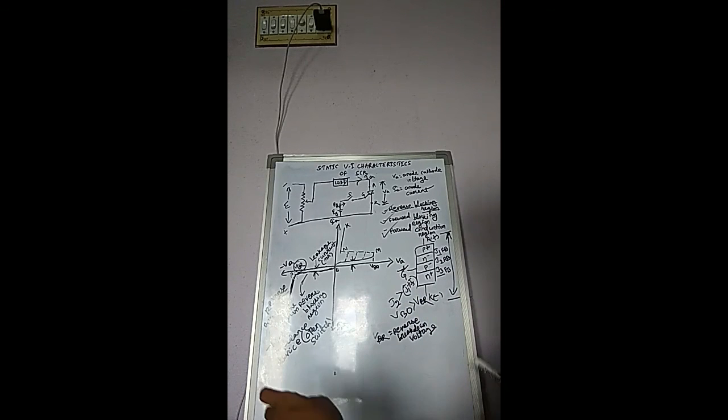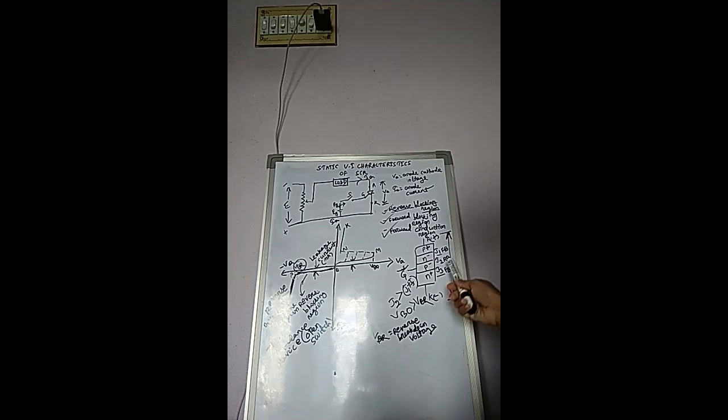So forward blocking state is this. At this stage we will modify some part. When the anode to cathode voltage is increased with the gate circuit open, gate circuit meaning this switch is open, then an avalanche breakdown occurs at junction J2.